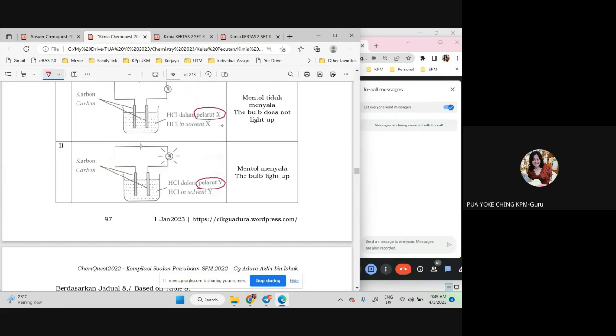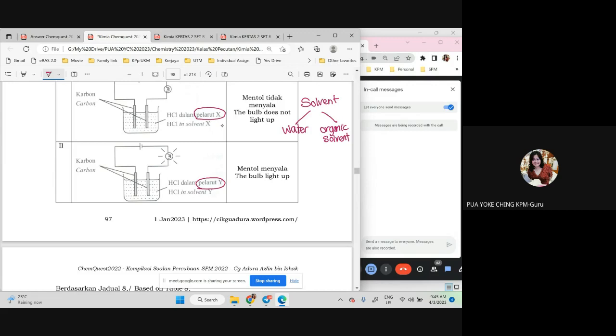In your SPM syllabus, solvent only can be divided into 2. Okay, there's only 2 types of solvent. First one must be water. Another one, we call it organic solvent. Okay, yang ni semalam pun kita dah ada discuss sikit.